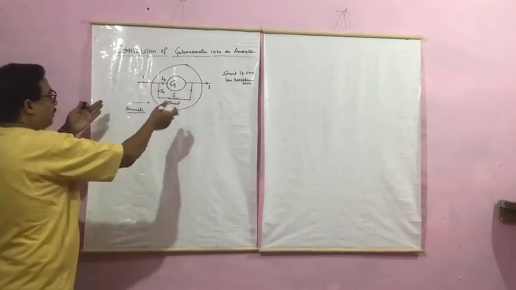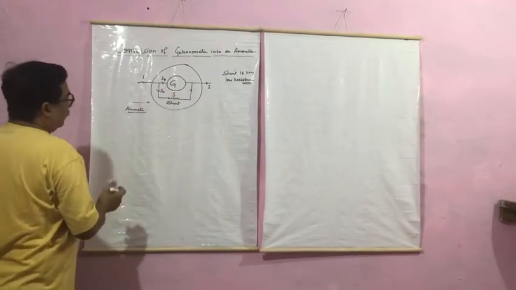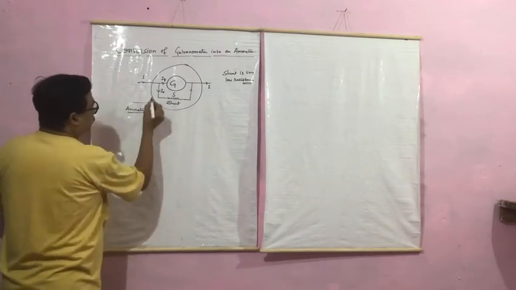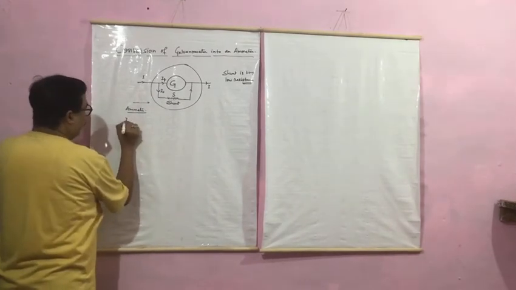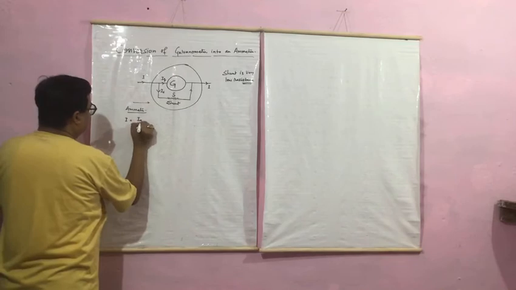Now you see from this diagram we can write very easily: I is equal to Ig plus Is.